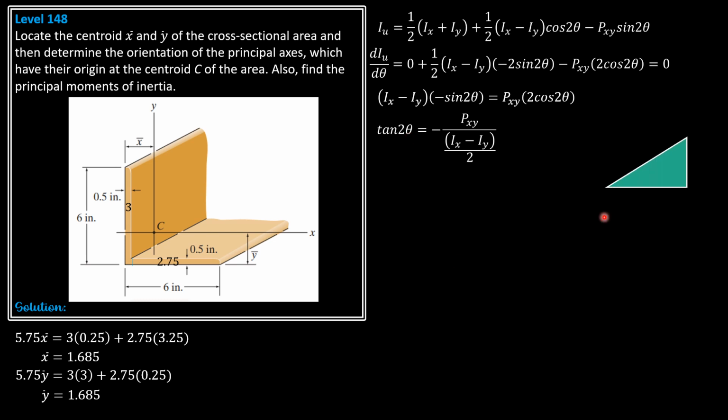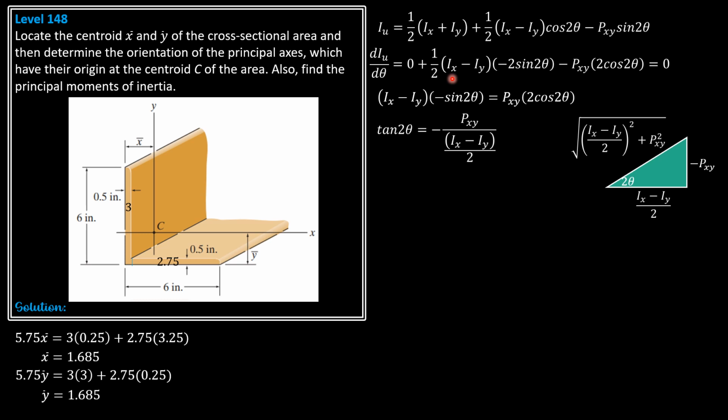If we draw a triangle defining tangent 2 theta, the opposite side would be negative Pxy. The adjacent side would be 1/2 of the quantity Ix minus Iy. Therefore, the hypotenuse is the square root of the quantity 1/2 of Ix minus Iy squared plus Pxy squared, because the negative of Pxy quantity squared is positive Pxy squared.